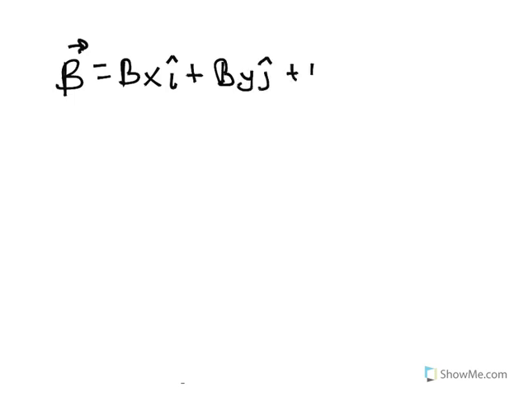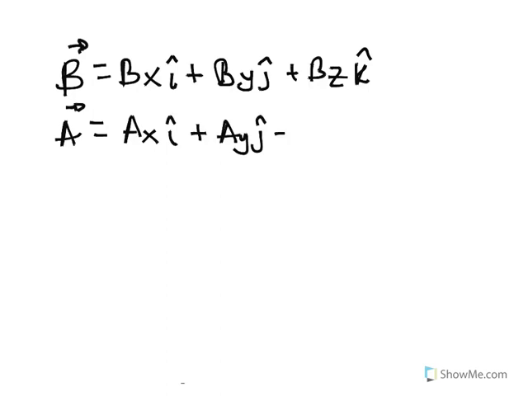Remember as well that if we have a vector of magnetic field which has component x in i plus component y in j plus component z in k, and a normal vector of area which has component x, component y, component z, right?